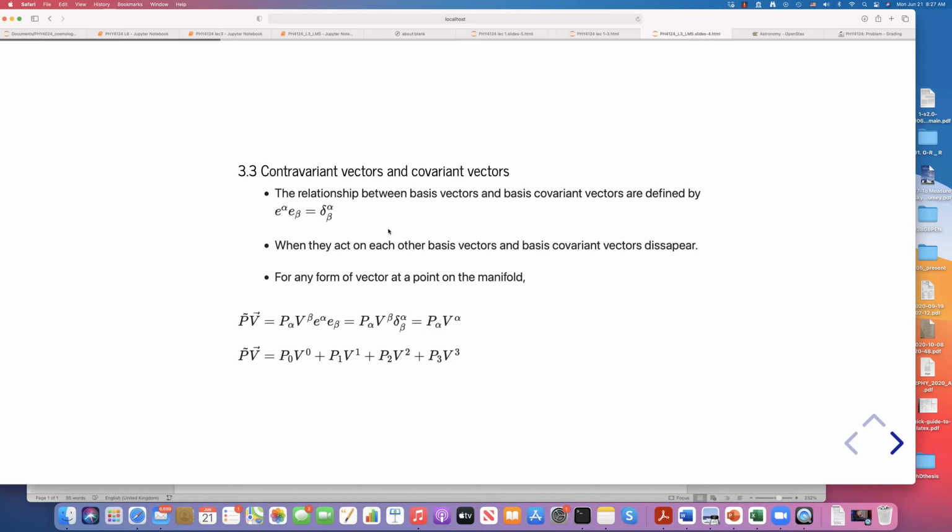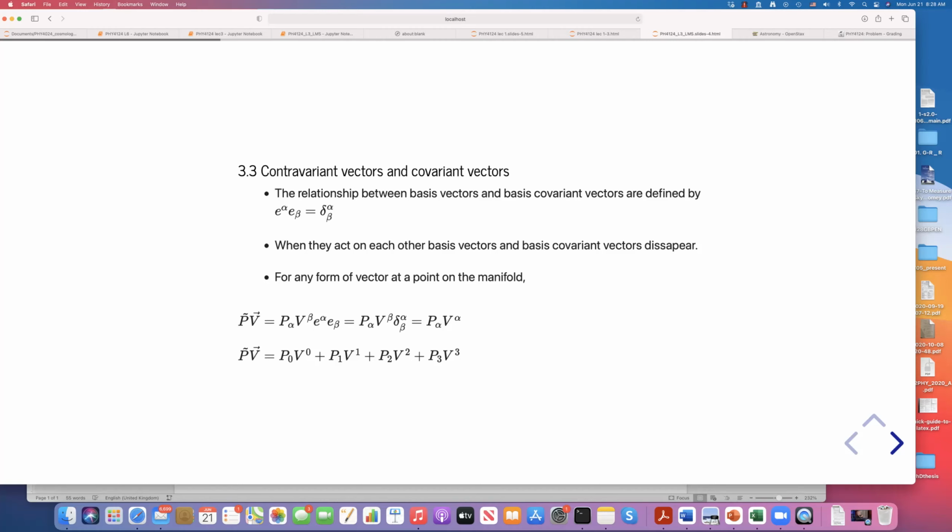If you take the product of a normal vector, which means a contravariant vector, and a covariant vector, the result can be written in this way, delta alpha beta, right? What this means is the product of these two will have a value of 1 if alpha equals beta, otherwise the answer will be 0, right? I guess I introduced this delta notation last week.